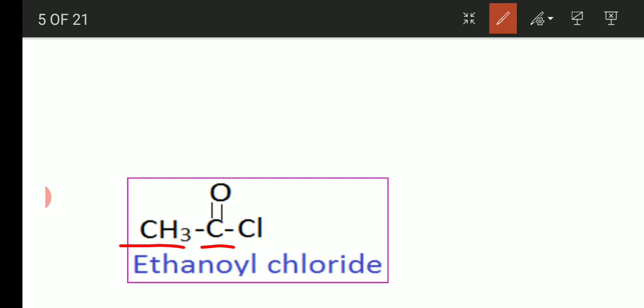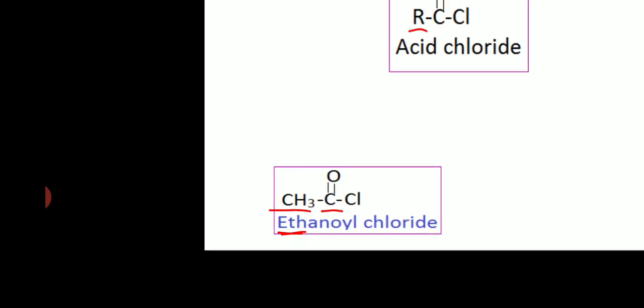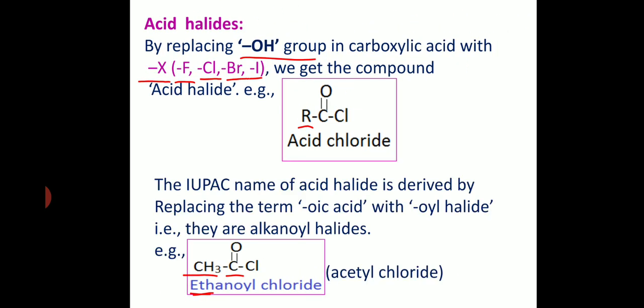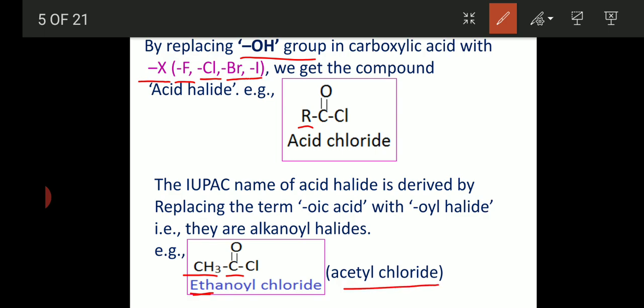That's why in the name the root word eth is appearing. So we shall see what the nomenclature is. The IUPAC name of an acid halide is derived by replacing the term oic acid with oyl halide. They are alkanoyl halides. The parent acid is also known by the common name acetyl chloride. First of all, we learn the IUPAC name.